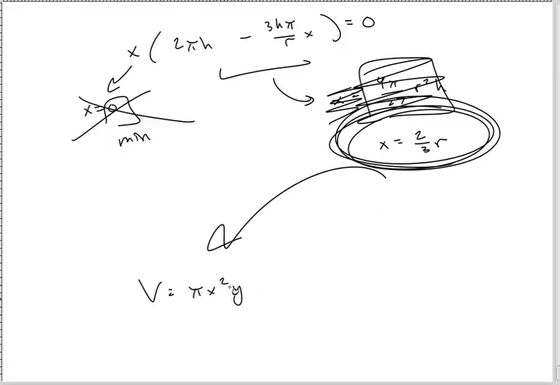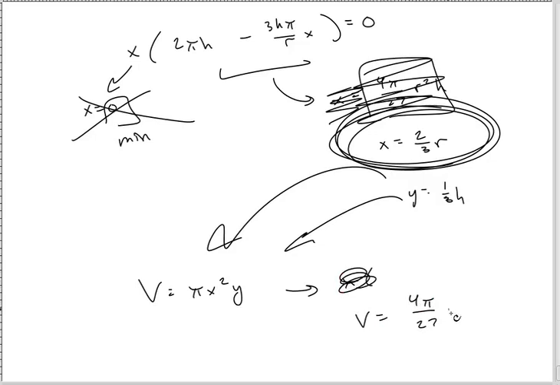Plug this in, plug in my y's that I already had. I solved a lot of stuff here. I got y equals 1/3 h, plug that in, and so blah, blah, blah. My answer is 4 pi over 27 r squared h.